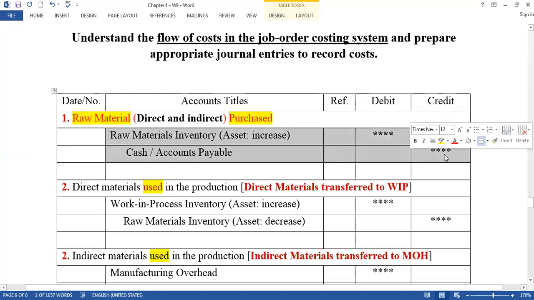Therefore, you have to read the question very carefully, whether you paid cash or not. If the question mentions that you paid cash, then you record cash credit. If your question does not mention cash, it means that it is accounts payable.